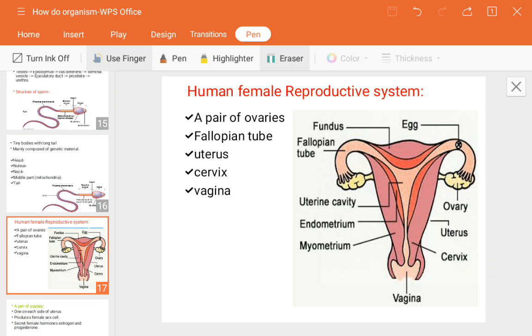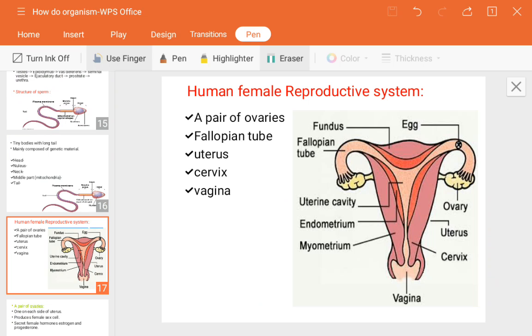It consists of a pair of ovaries, fallopian tube, uterus, cervix, vagina. As we have learned in the male reproductive system, the testes are in pairs. Here in the female also the ovaries are present in pairs. Why, that we will see in detail.